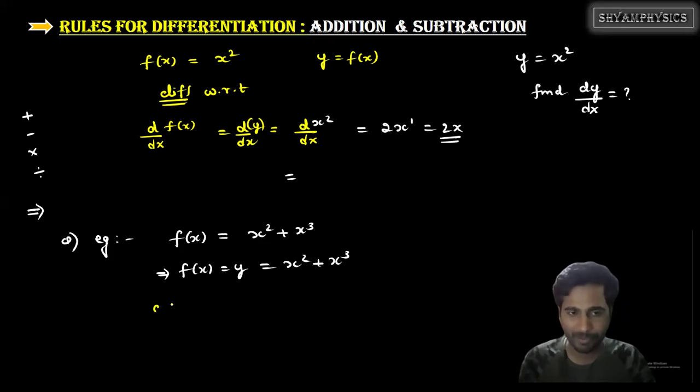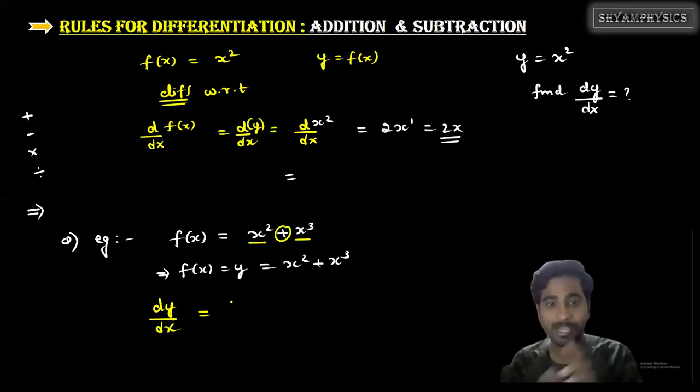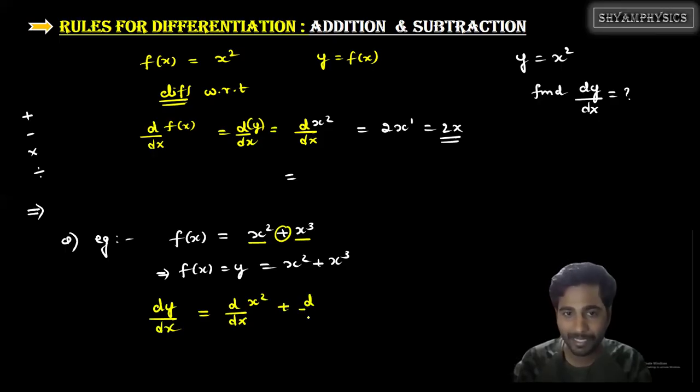Now if I want to calculate dy by dx, till now we calculated only for single terms. Now it is along with one more term, addition. When addition comes, you need to do the same differential step two times along with the arithmetical operation. That means d by dx of the first term x square plus d by dx of the second term x cube.